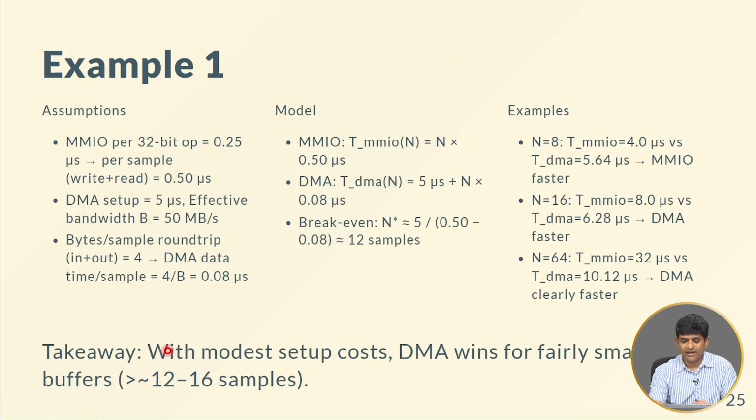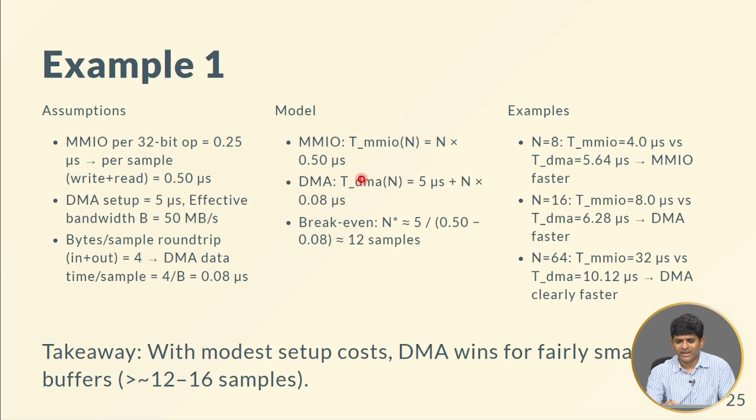Let's leave this aside and come back to it. Let's take these examples. If I do the computation, with n equal to 8, T MMIO is going to be 4 microseconds, n into 0.5. With DMA, it is going to be 5.64 microseconds, because 5 microseconds is just for setup and 0.64 microseconds for the actual transfer.